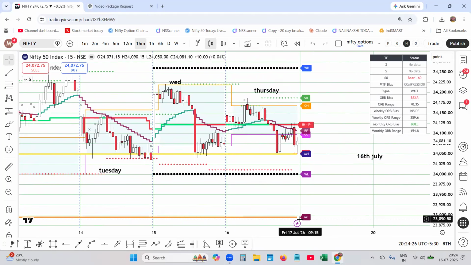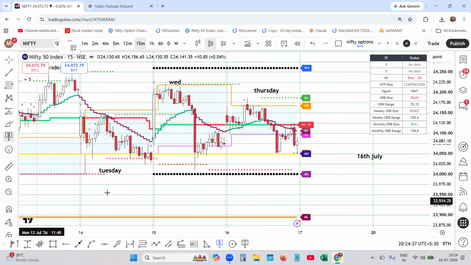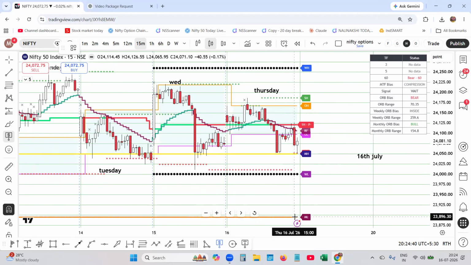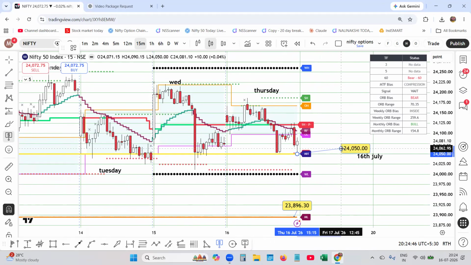And you can see on this Nalini Loren system, you can see monthly low and monthly high. If I take the price note, let me take it over here, and if I apply, the monthly low is automatically, you know this, 24,050 and 23,896, and the weekly low is 24,001.